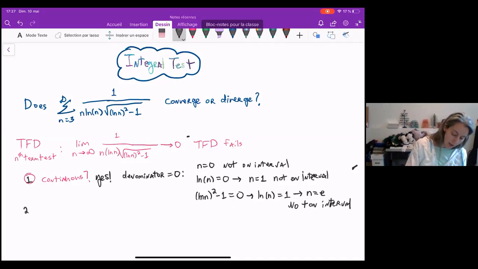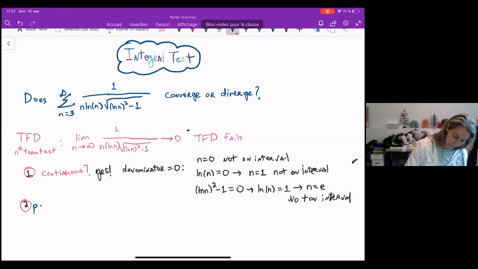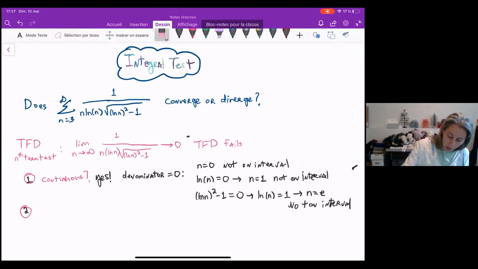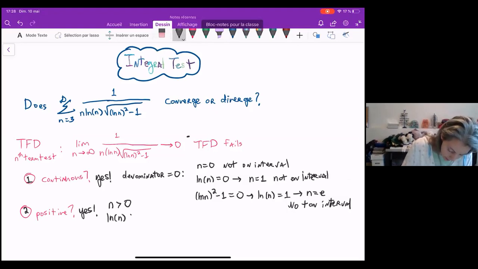Now the second thing that has to be true is that it needs to be positive. And the answer to is it positive is also yes, because all of those things in the denominator are positive. N is positive. Ln n is positive.